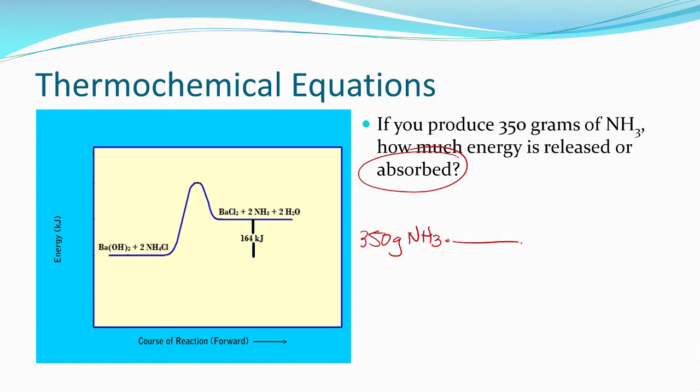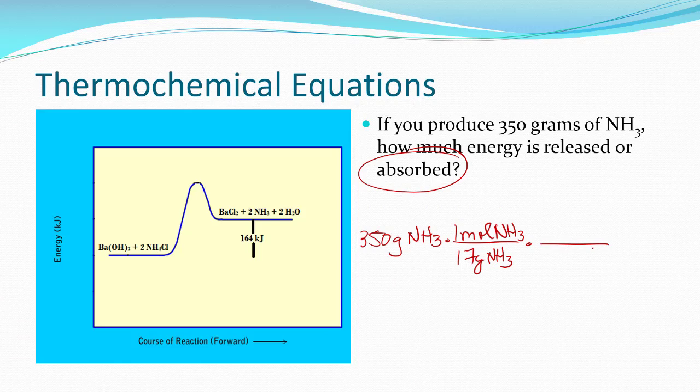First thing I have to do, I got to convert those grams of ammonia into moles of ammonia. The reason I have to do that, again, I got to look at the balanced equation. So the molar mass of ammonia, using a periodic table, 17 grams of ammonia, there's 1 mole of ammonia. That will get me into mole.